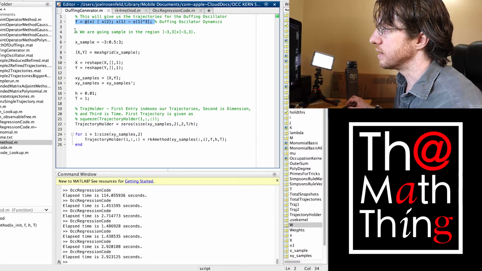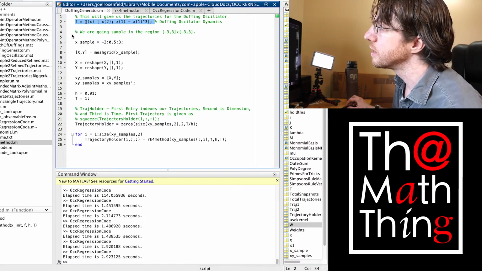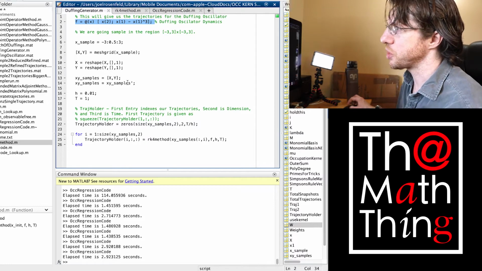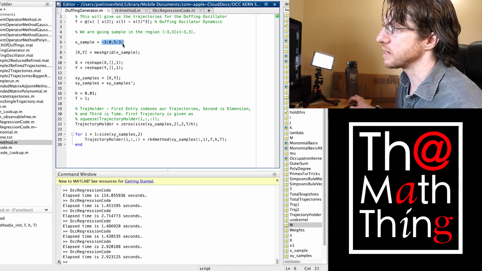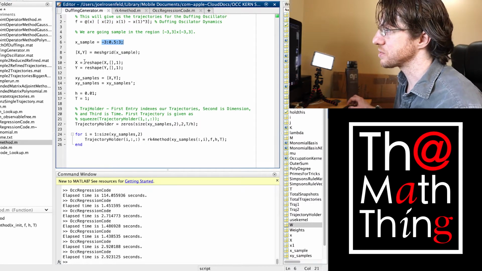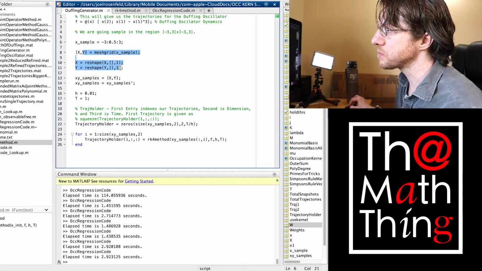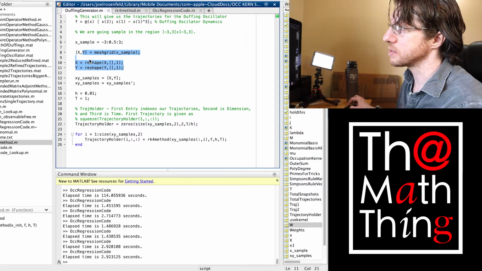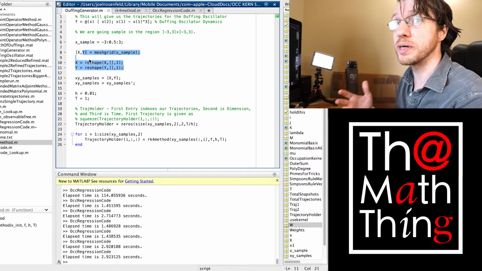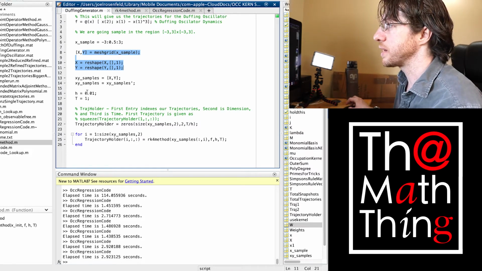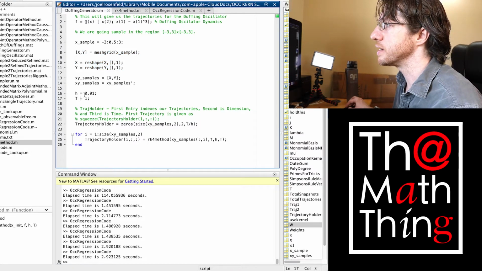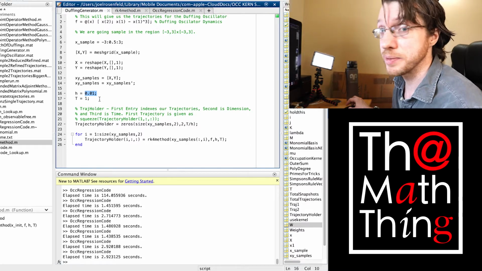And then here I'm just going to go ahead and I'll need this code for later. I went ahead and generated a whole bunch of trajectories, filling out, say, -3 to 3. I made a whole bunch of samples, initial points that are going to be the starting points for all of our initial value problems. Then I just ran all of them from 0 to 1 at time steps of 0.01.